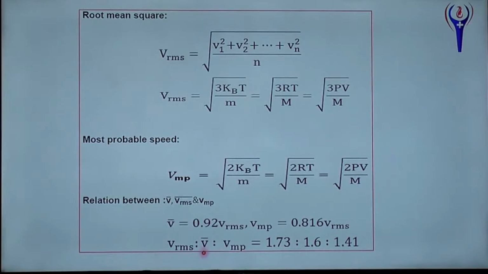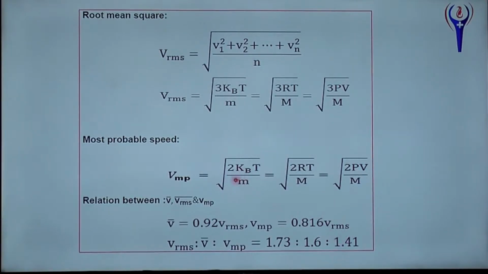If you write the ratio between these three, VRMS is to V average is to V most probable equals 1.73 is to 1.6 is to 1.41.